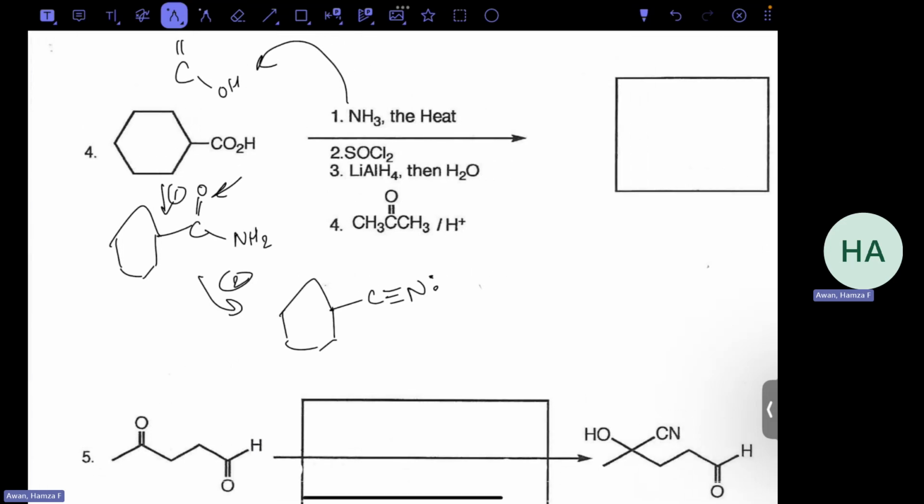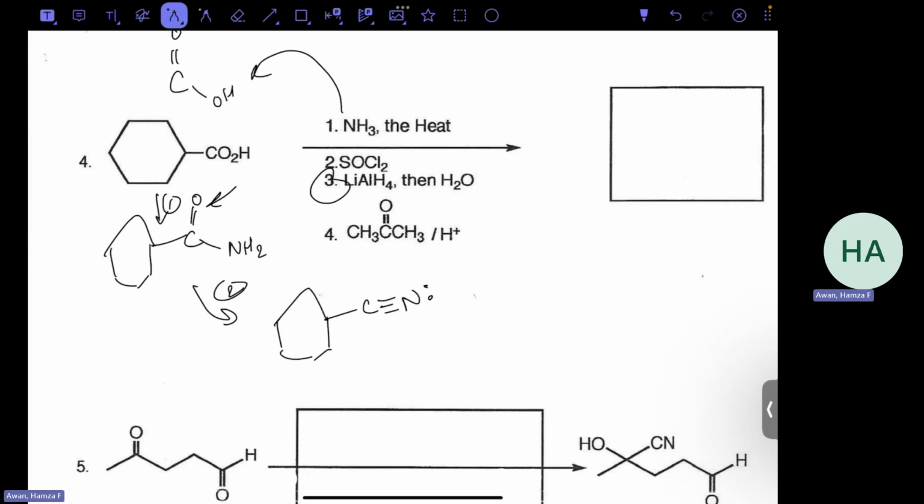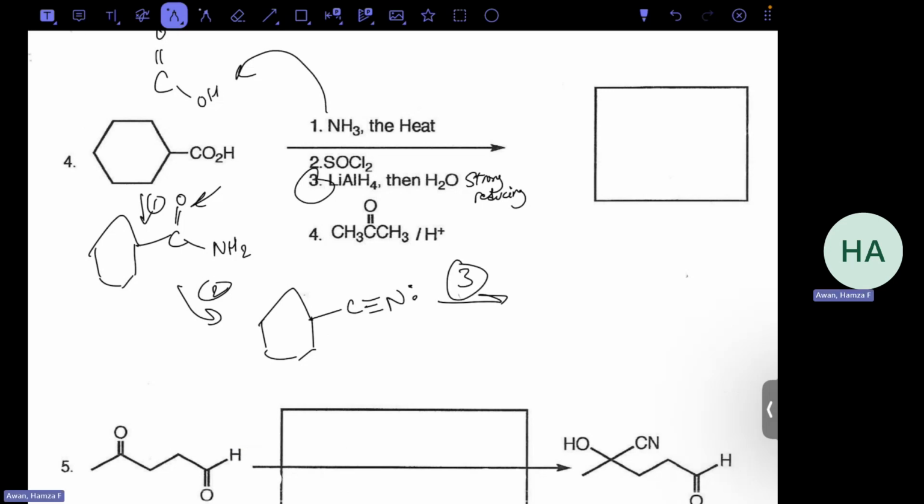And then next step, LiAlH4, H2O. So this is going to reduce our nitrile, and it's going to reduce it all the way down to an amine, right? This is a strong reducing agent.